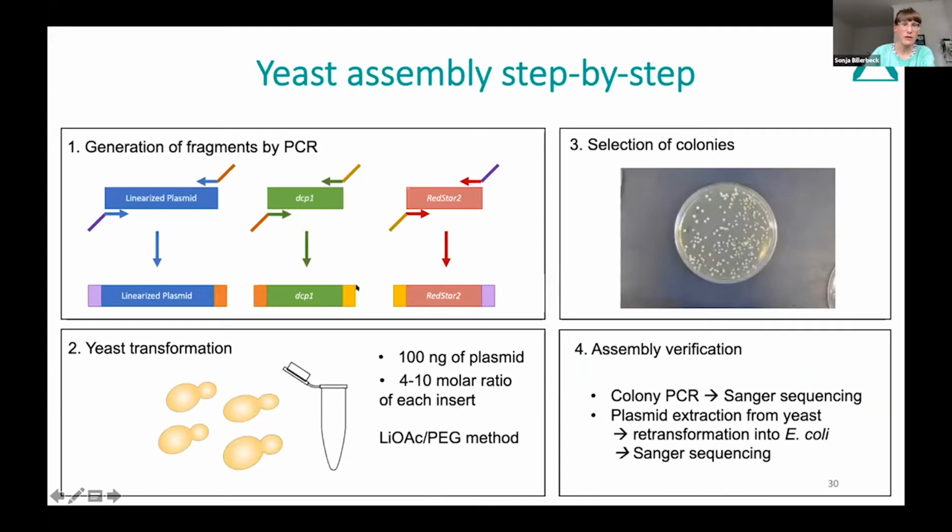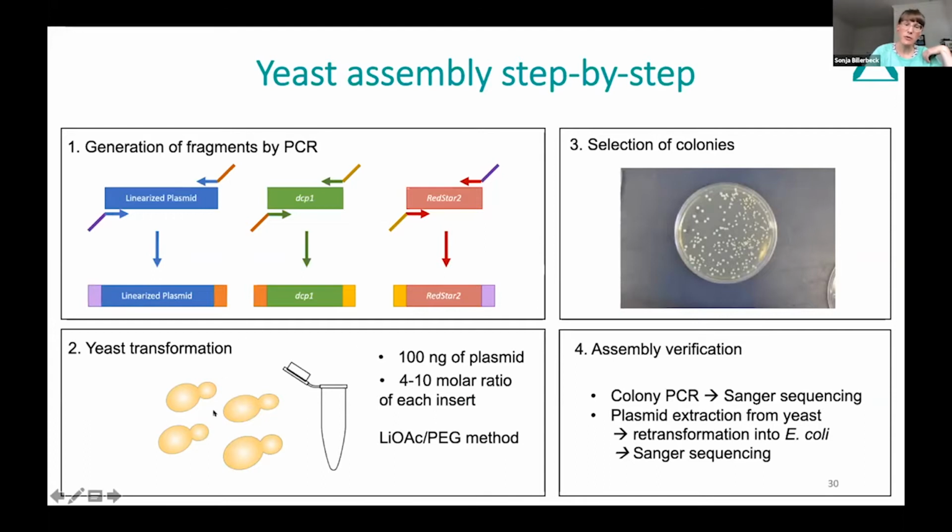So again, you have generated your fragments by PCR, and the yeast transformation basically works by a so-called lithium acetate PEG method, which I have posted in my resources slide on the last slide. So you're going to find a method how to do that. It's very easy. It's very similar to making chemically competent E. coli cells.